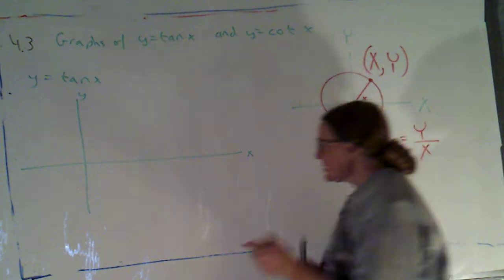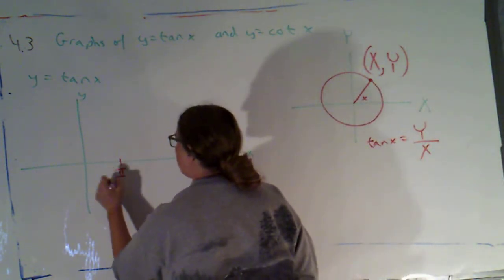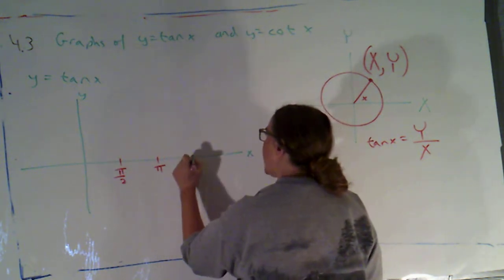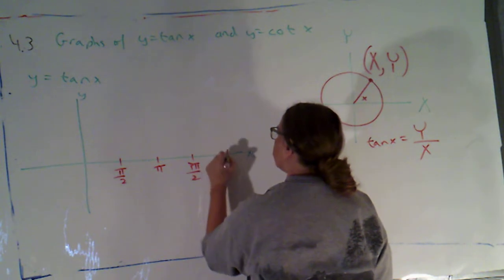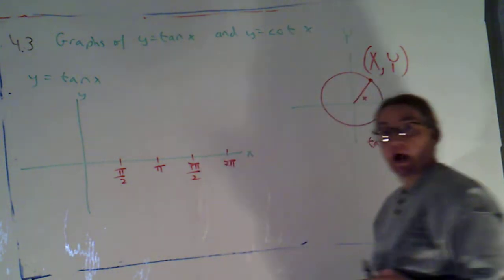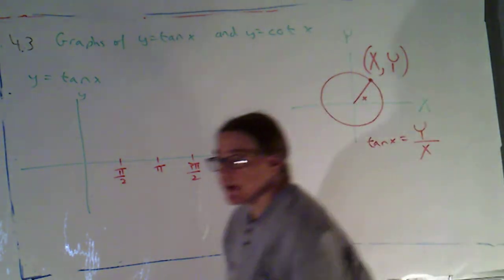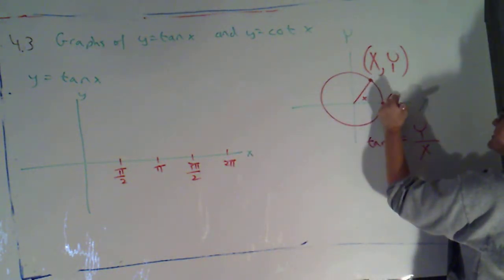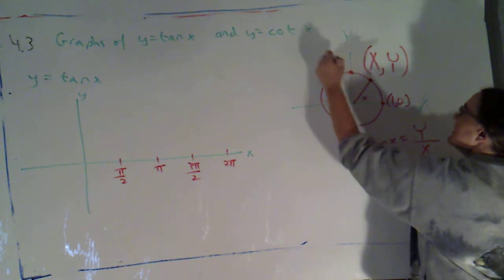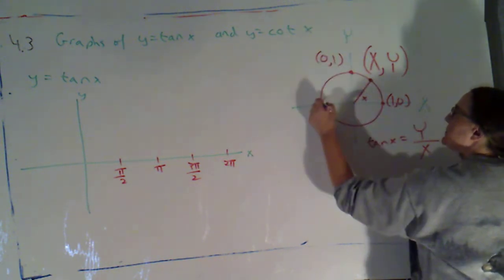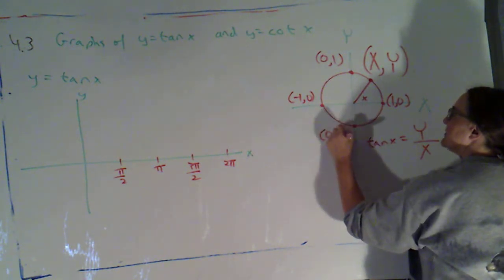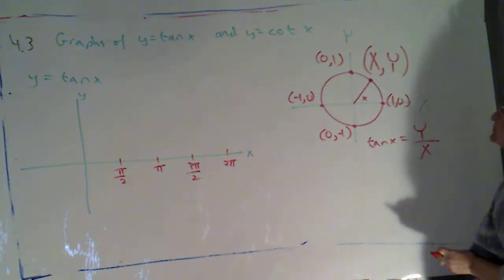Okay. Now, I'm just going to go around the circle the same way we did with sine and cosine. And I'm going to start by marking off what happens at my quadrantal angles. So 0 and pi over 2 and pi, and 3 pi over 2, and 2 pi. Okay. So, might be helpful to just indicate the coordinates of my points. This is 1, 0, this is 0, 1, negative 1, 0, 0, and negative 1.